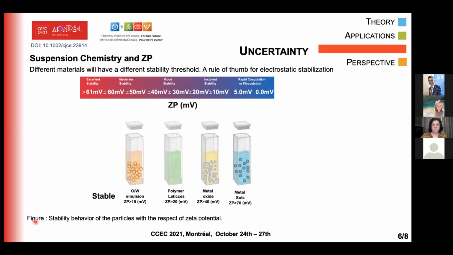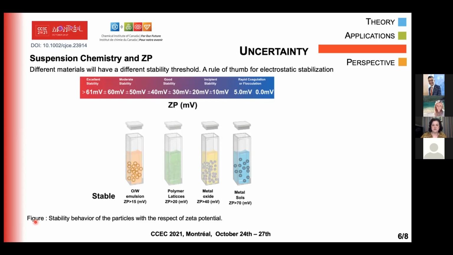And in terms of uncertainty, there's a rule of thumb that people used to say that if you get more or less 20 millivolts, you have a stable system, that's the magic number. But there's no magic number, because it depends on the chemistry and the type of material that you are analyzing.